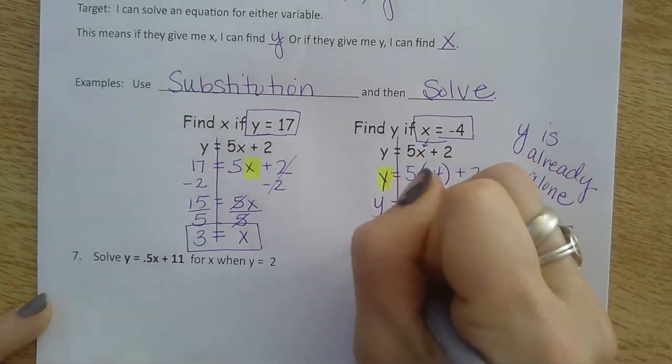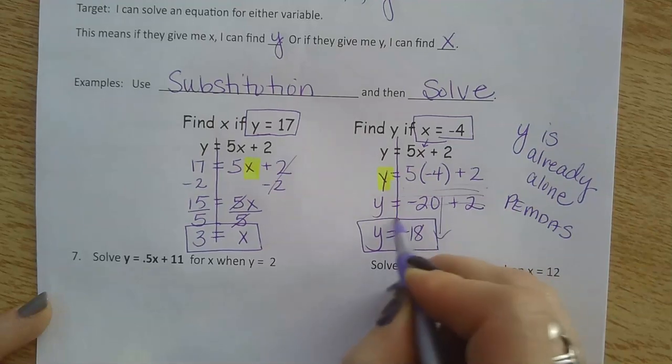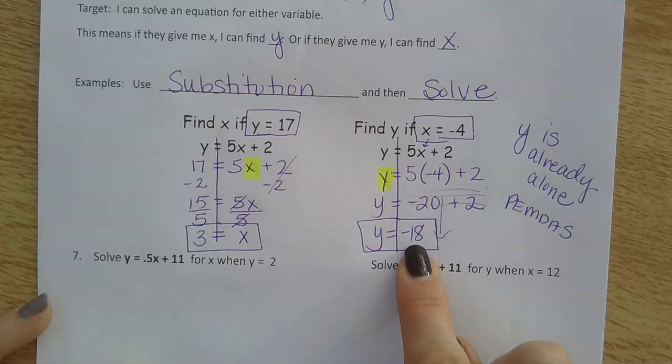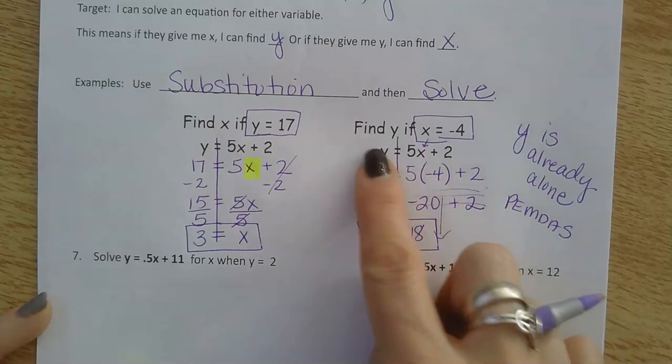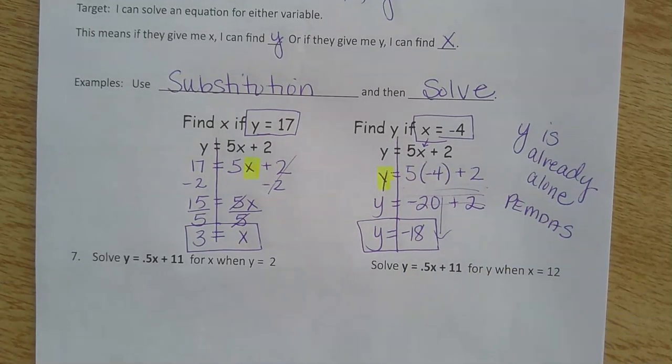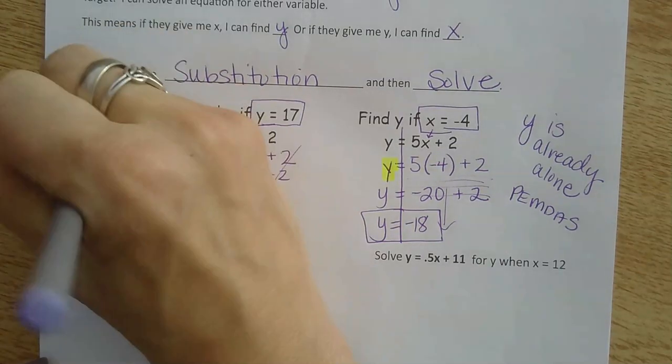So I can just bring this y down. It's already alone. It's already isolated. I'm just evaluating now on this side to get my answer. So y is negative 18. And I could plug both of these back in again and check them, as you should. Okay? So I'll point out again, here the variable was mixed in.